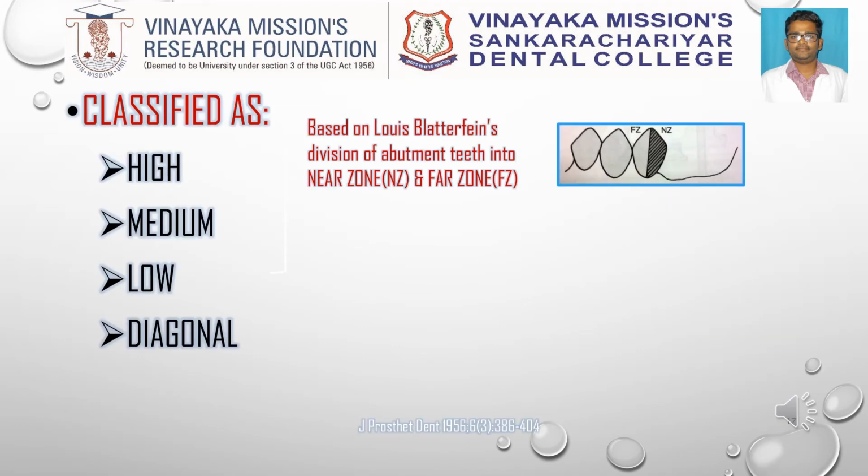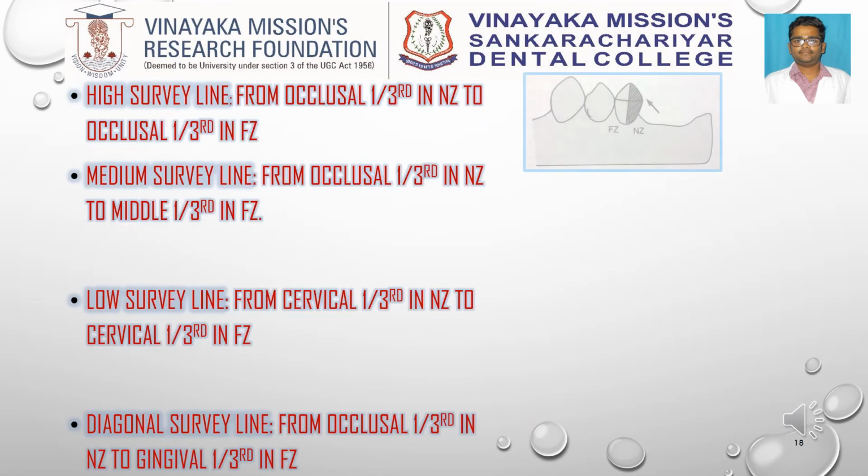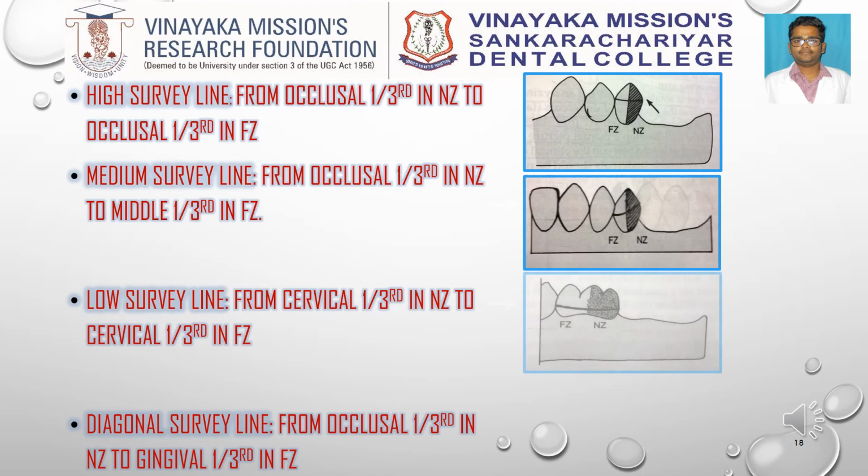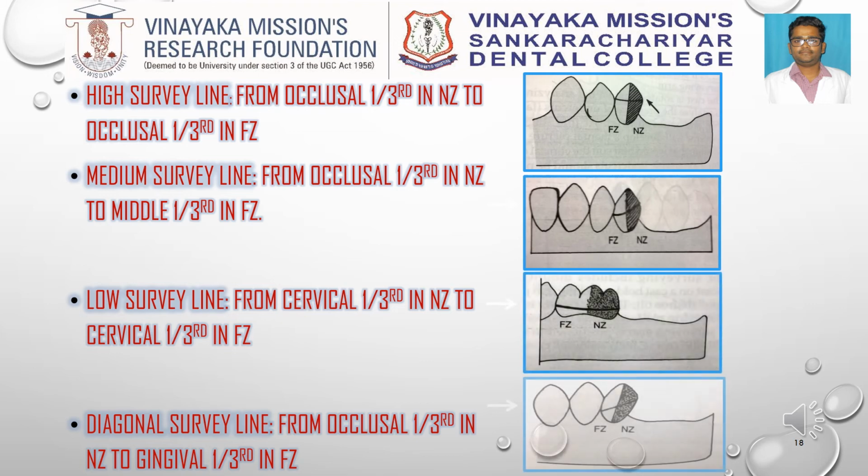The survey lines are classified as high survey line, medium survey line, low survey line and diagonal survey line, based on Louis Blatterfield's division of abutment teeth into near zone and far zone. The high survey line runs from occlusal 1/3 in the near zone to occlusal 1/3 in the far zone.